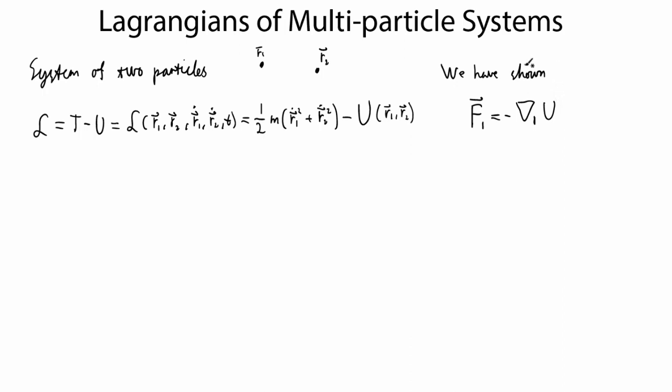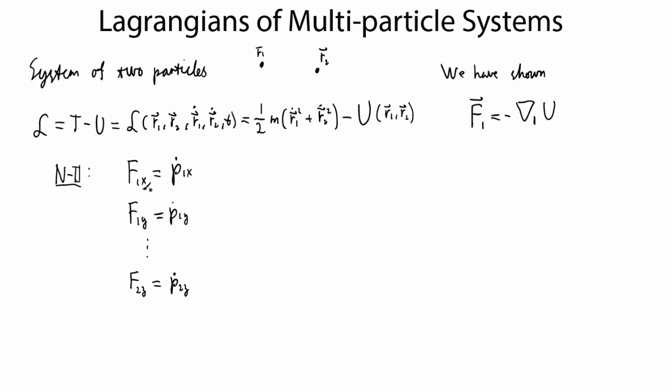So that makes it possible to write down Lagrange equations starting with Newton's second law, right? So Newton's second law here says that the force on the first particle in the x direction equals the time derivative of the momentum of the first particle in the x direction, and same thing in the y direction. And then on we have F1x, F1y, F1z, and then we have F2x, F2y, and F2z, which is equal to P2z dot.